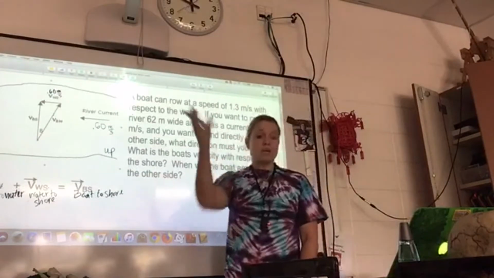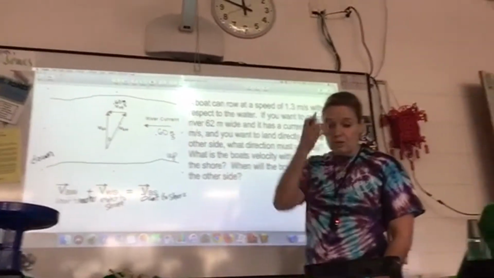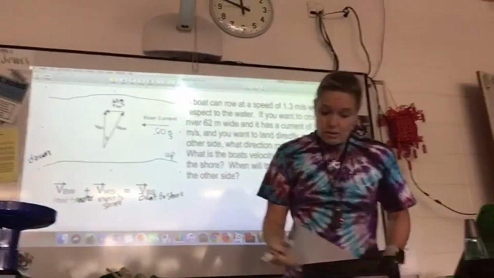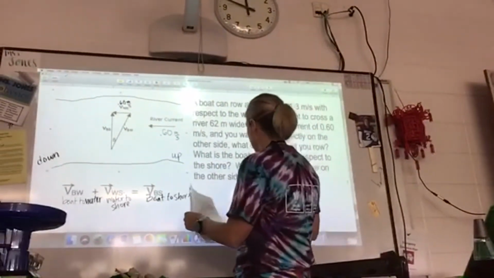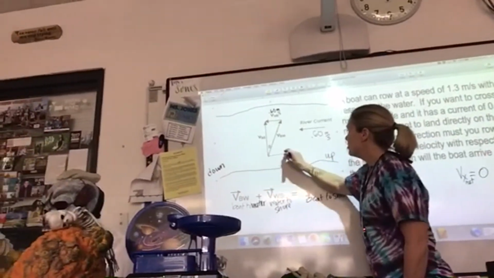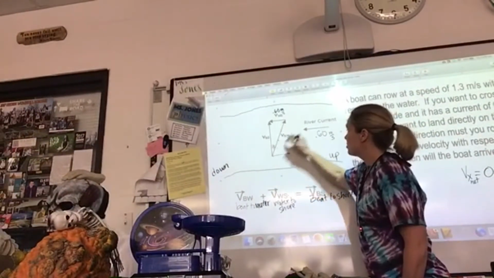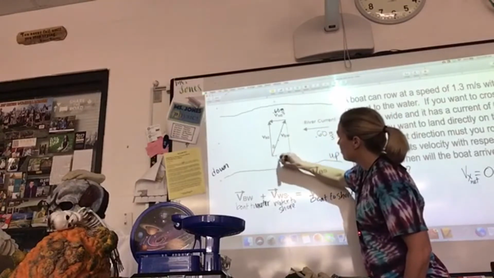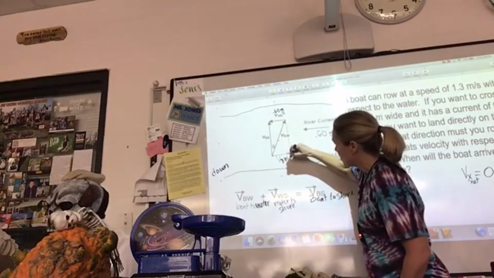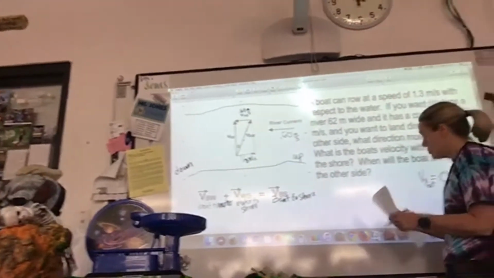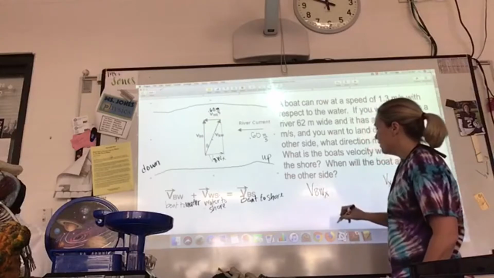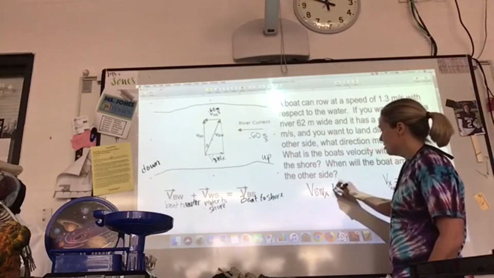I know people already have the answer here, right? So what is going to happen here? We know our velocity of our boat with respect to water in the x direction, right? Velocity of boat with respect to water in the x direction.